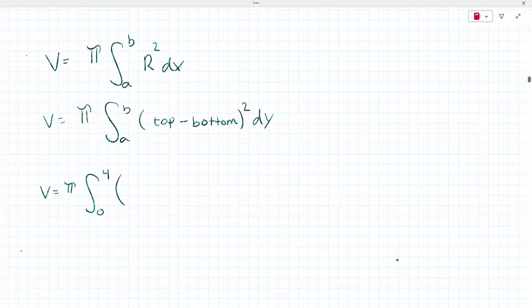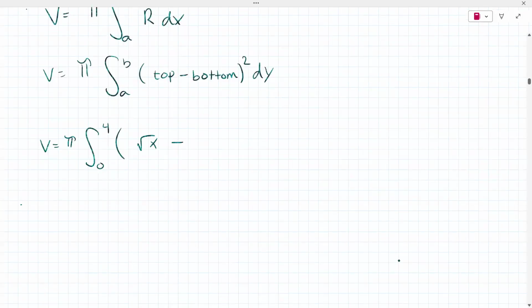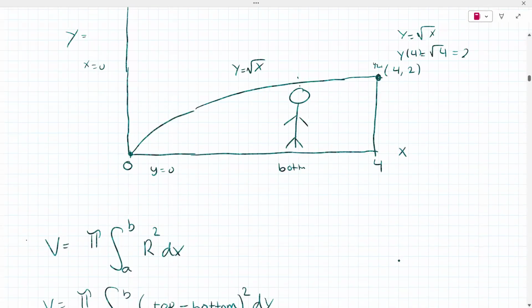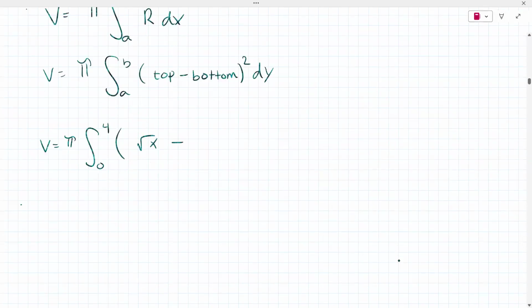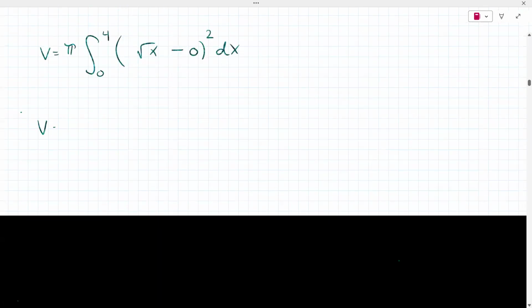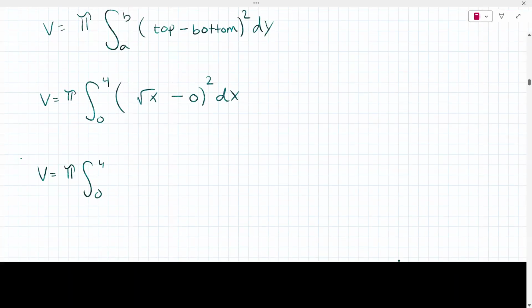So it's going to be radical x minus the bottom. What's our bottom line? This horizontal line, y equals 0. Squared, dx. So it's going to be volume equals pi integral from 0 to 4. And then radical x minus 0 is just radical x. And then if you square that, that's x dx.